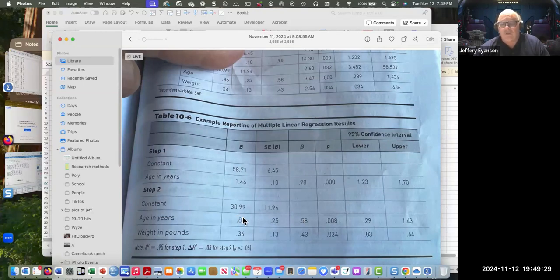This is the second beta, and then the standardized, the p-value, the standard error, and then the lower and upper confidence interval, and that's it. I'm not worried about APA on that box. I'm not worried about anything else.